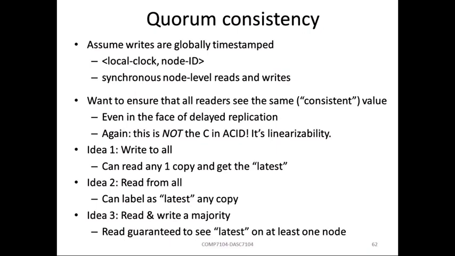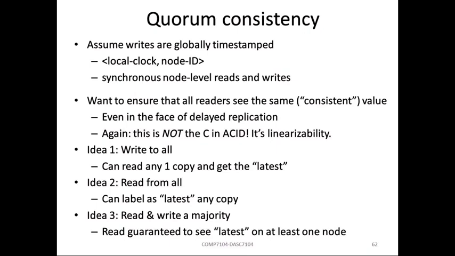And so the way to reach a consensus or a quorum or a majority would be the following. If we want to ensure that all readers see the same consistent or most recent value of a piece of information, one possible approach would be to write to all the copies, all the replicas.